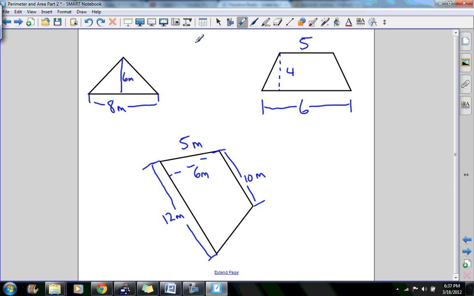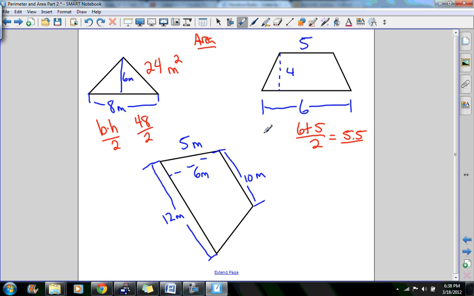Now we are going to do area. The area of a triangle is going to be base times height divided by 2. Our base times height is 48, divided by 2 is 24 square meters. Here, now this is where I said you got to take the average of the two bases. So 6 plus 5 is 11, divided by 2 is going to be 5.5.